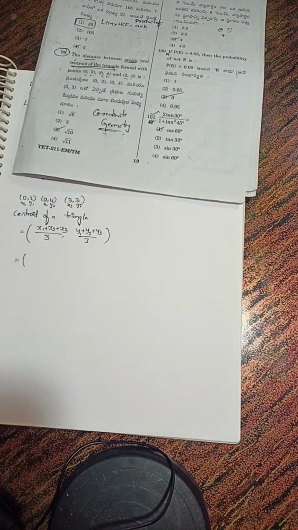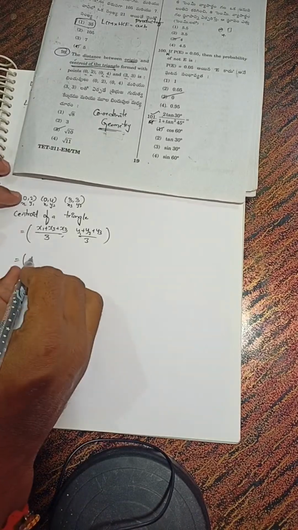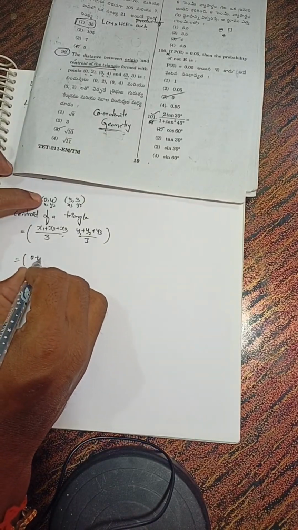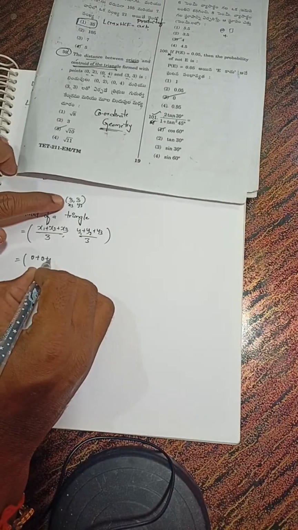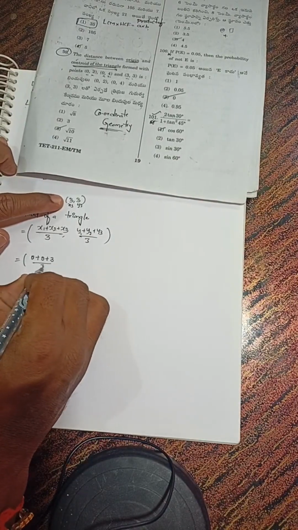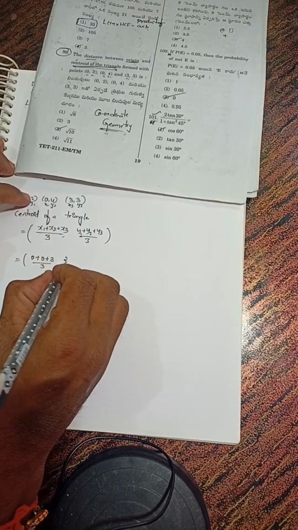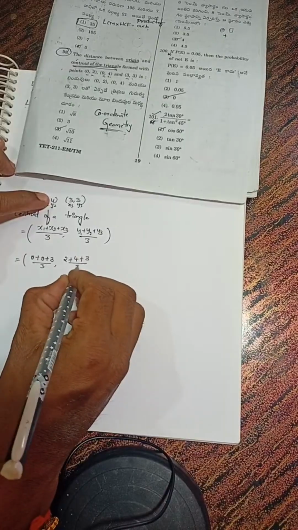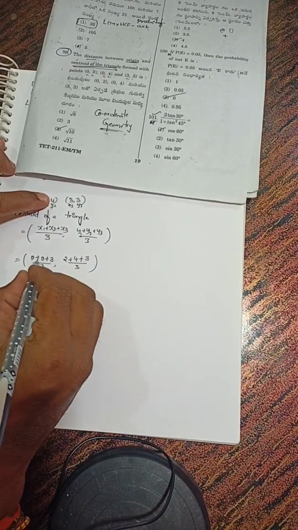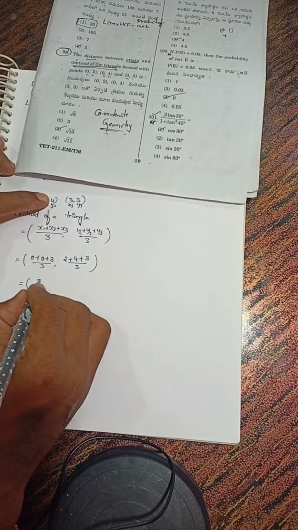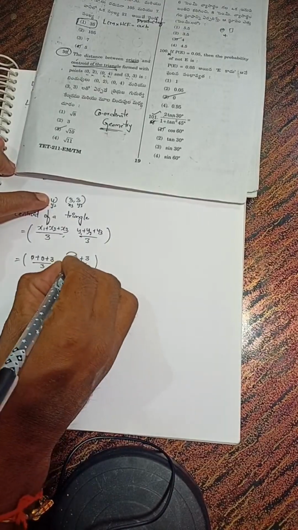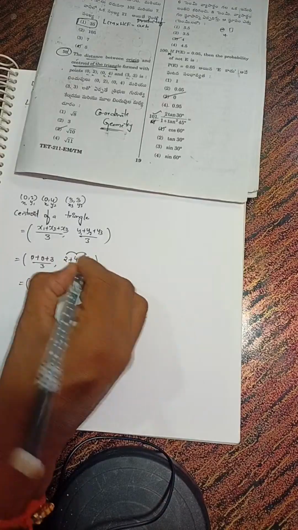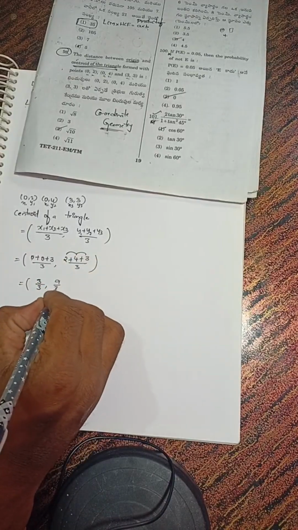So we are going to substitute the values of x1, x2 and x3. x1 value is 0 plus x2 value is also 0 plus x3 value is 3, by 3, comma, y1 value is 2, y2 value is 4, y3 value is 3, divided by 3. 0 plus 0 plus 3 becomes 3 by 3. 2 plus 4 becomes 6, 6 plus 3 becomes 9, 9 by 3.